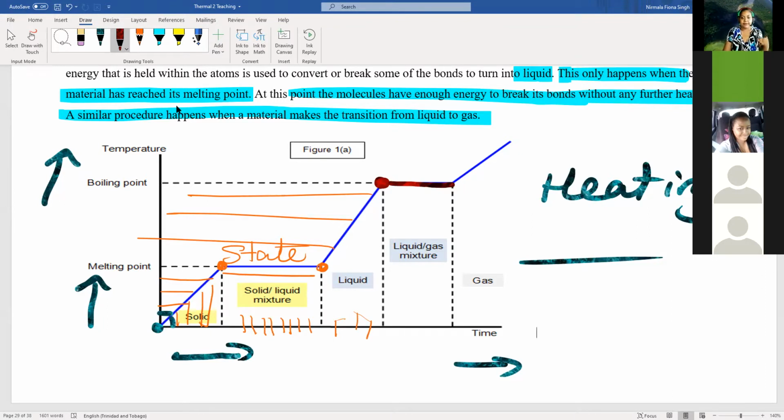This flattening curve now means that any extra heat that's being added to the system, heat meaning energy, any extra energy being added to the system is being used to break those liquid bonds to become gaseous molecules. So that's why we have this flat curve, because we're using the energy to do something else. That energy is to break bonds. Before, we were just using it to heat up our system.